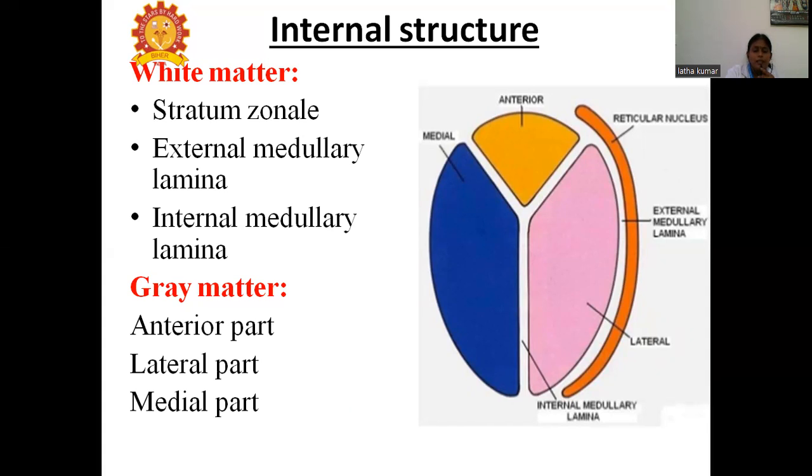Stratum zonale is a thin layer of white matter covering the superior surface of the thalamus. External medullary lamina is a thin layer of white matter covering the lateral surface. And internal medullary lamina is a Y-shaped sheet of white matter. This is present within the gray matter of the thalamus.